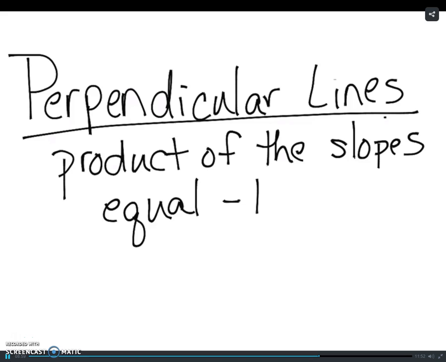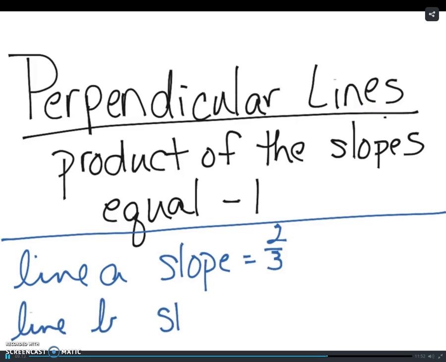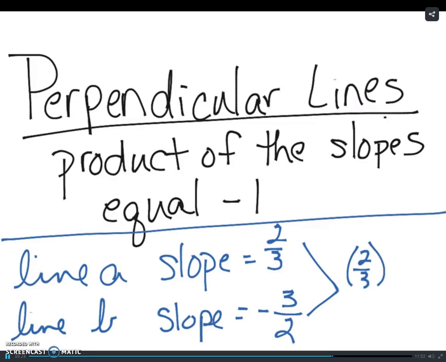Let me give you an example. Line A has a slope of 2/3, and line B has a slope of -3/2. If I take these 2 slopes together, I'm going to multiply them because product means multiply.